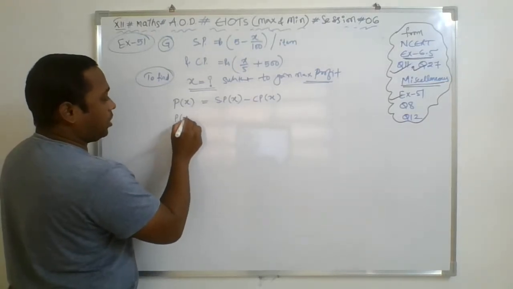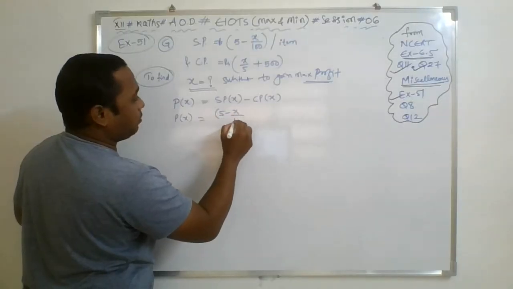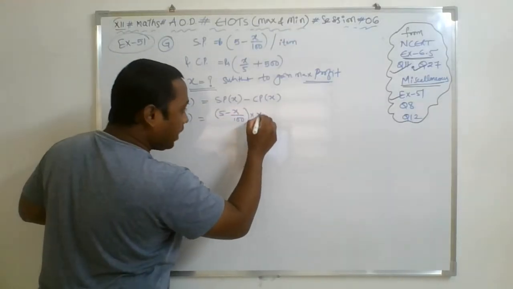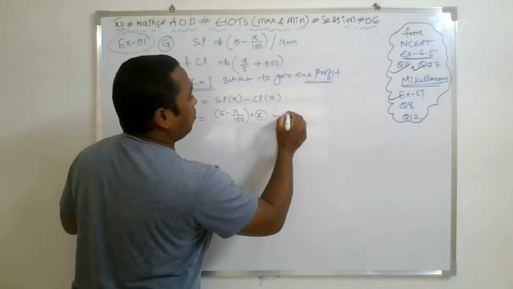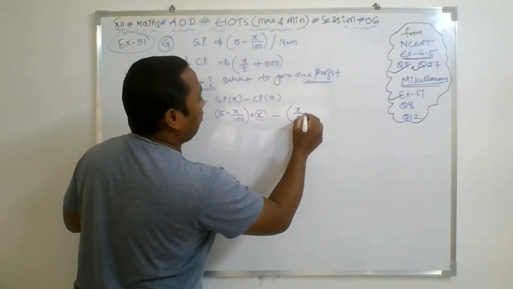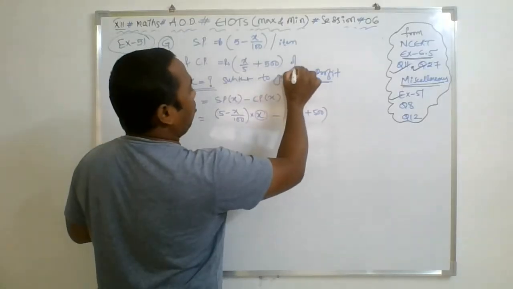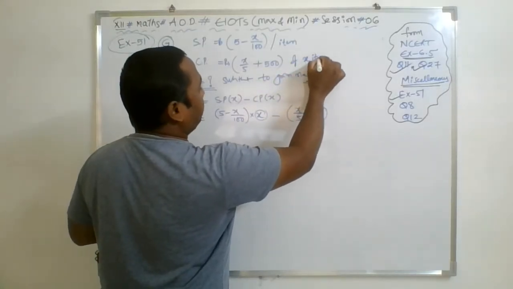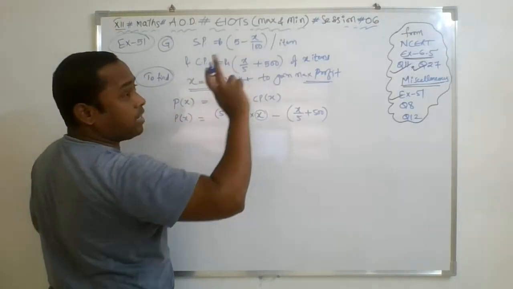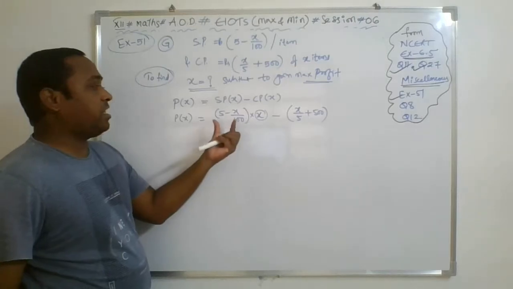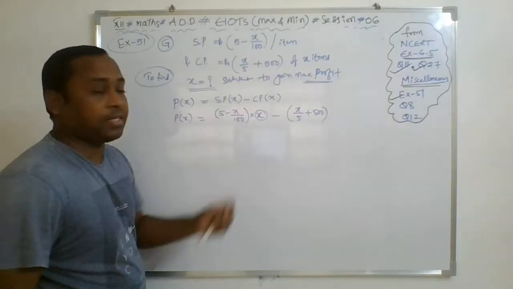So the profit function is given by selling price of X units, meaning (5 minus X by 100) into X, which is the important point, minus the cost price, which is already given as the cost price of X items. This is the selling price of one item. That's why we need to multiply the selling price into X units to get the total selling price.